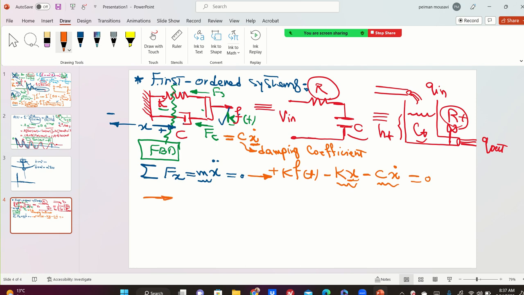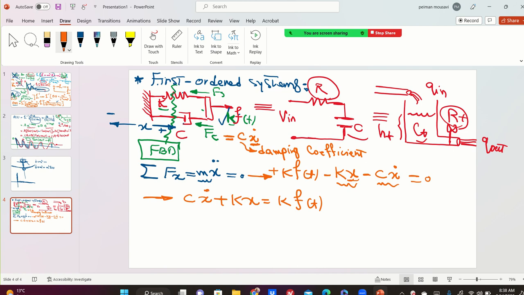Or I'm just factoring out a number. Okay? We can do it, that's right. Whatever your f of t, you can factor out, right? For simplicity of teaching, you're gonna observe why I'm doing that when I go to Simulink in MATLAB. Just bear with me. Okay, so we're gonna have Cx dot plus Kx equals K f of t.